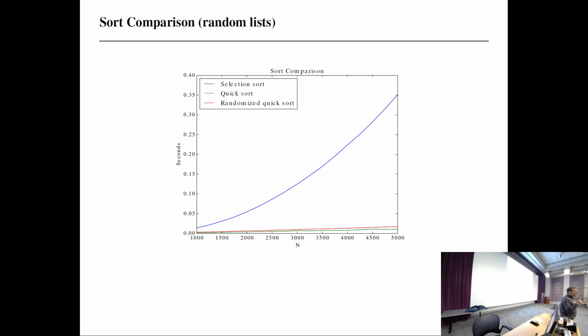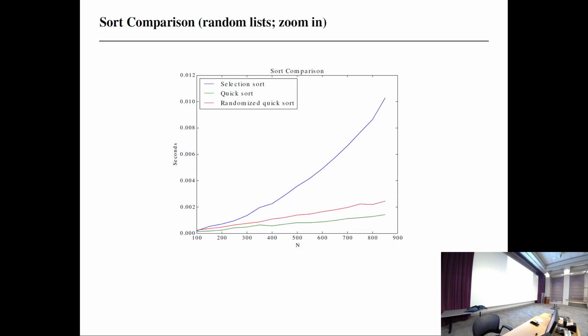And remember, runtime analysis is all about the shape, not about the actual values. So randomized quicksort does almost as well as quicksort and has the same rate of growth as n gets bigger. It also easily beats selection sort. And this is done on randomized lists.